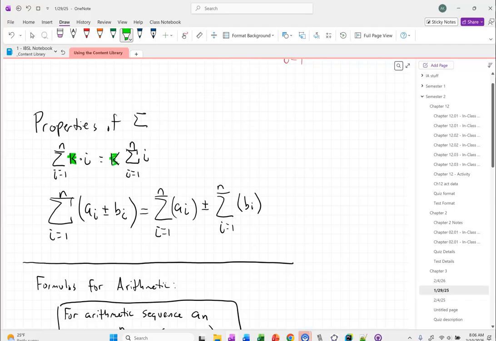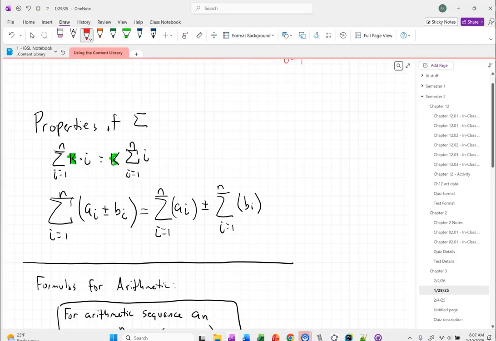And the second property is that I can distribute these summations across addition or subtraction, which may be helpful if I'm trying to use a formula to do these summations.